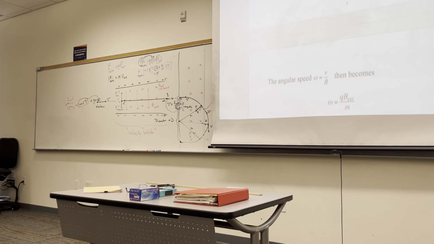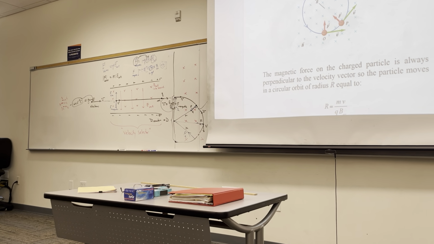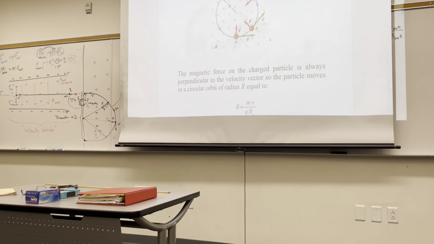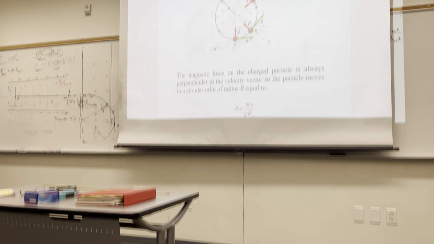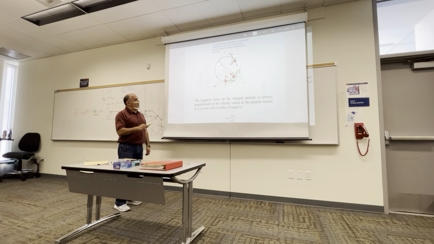And you can talk about the period of revolution, how long it's going to take this thing to go around, because the distance around is 2 pi times the radius. The speed is v. It's a constant speed because the magnetic force doesn't have a component in the same direction as the velocity vector, so it's not going to make it speed up. The magnetic force doesn't have a component in the opposite direction to the velocity vector, so it will not make it slow down. It can only deflect it.